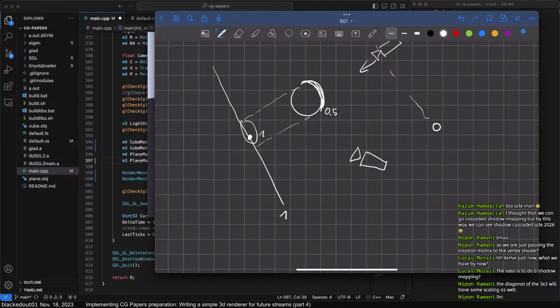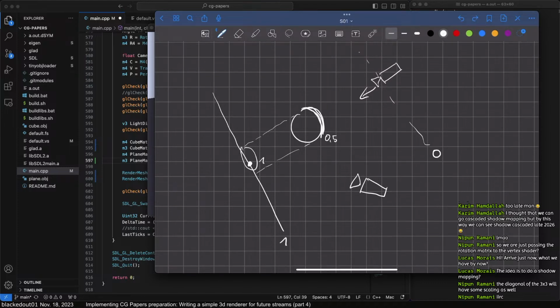And then we compare it to the render of the light space. In the depth map, which is basically just a texture that stores the depth of each pixel, we then see that this point here has a depth value of 0.5. So this value has a greater depth value, which means that it must be in shadow.